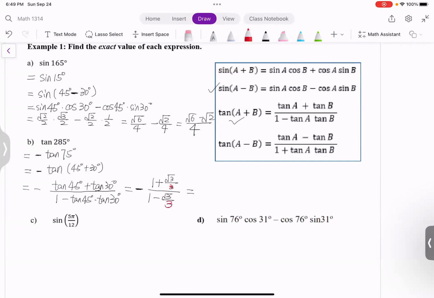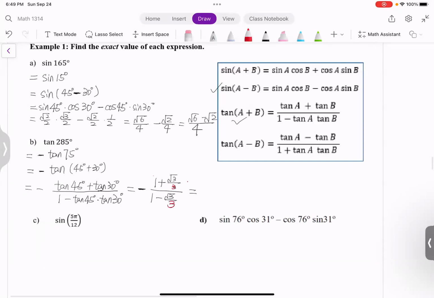That means I can multiply everybody on the top by 3, and everybody at the bottom by 3. I want to get rid of the fraction on the top and bottom. Then on the top, I have 3 plus square root of 3. The bottom is 3 minus square root of 3.